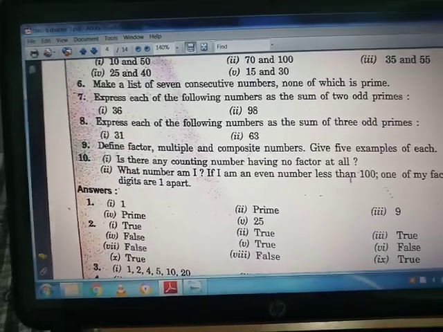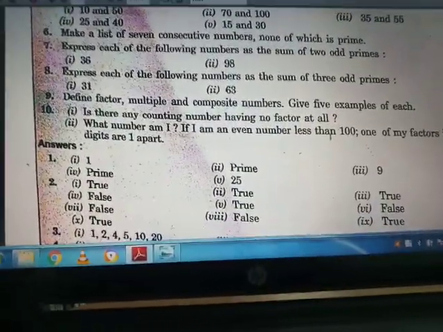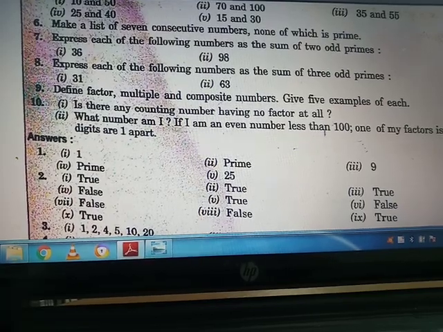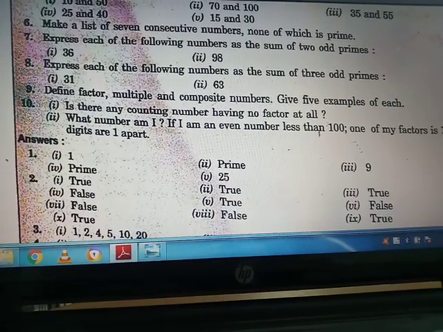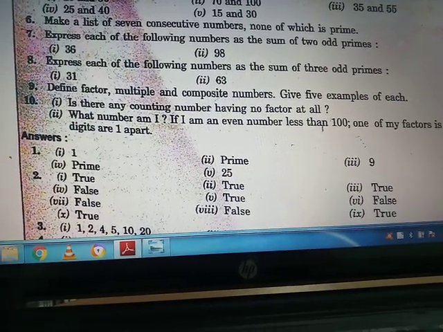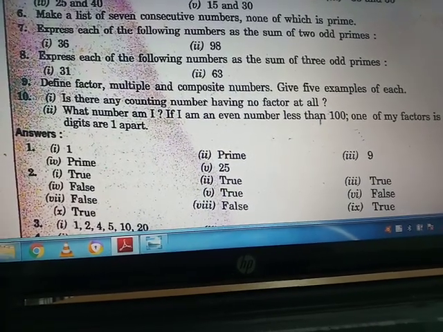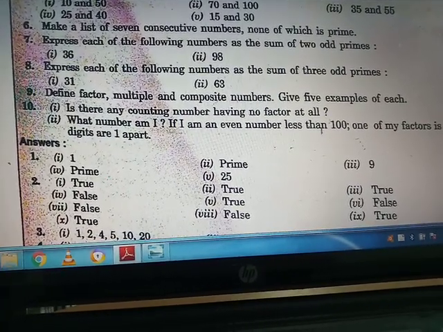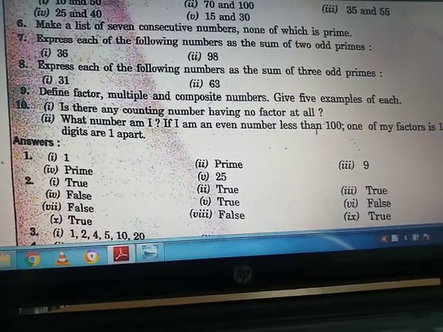Suppose 5 is a prime, and if you write 31 and 5, you will get that 31 is also prime and 5 is also prime. So you can say that 31 and 5 both are odd numbers, and they are also prime numbers. So 36 can be written as 31 plus 5, both are odd prime numbers.